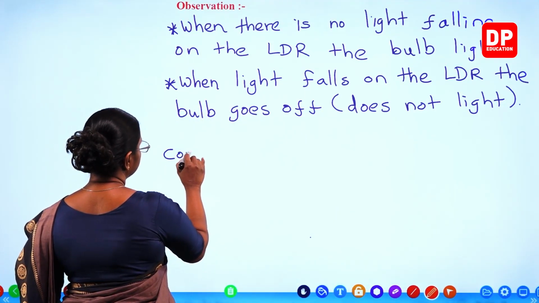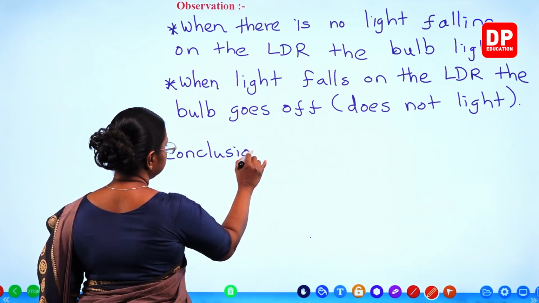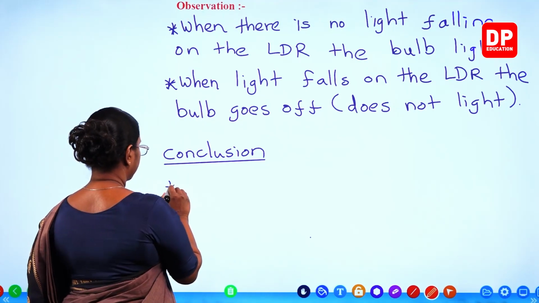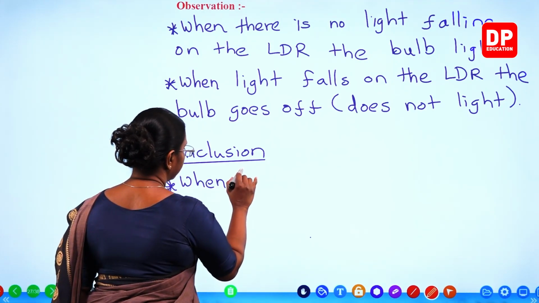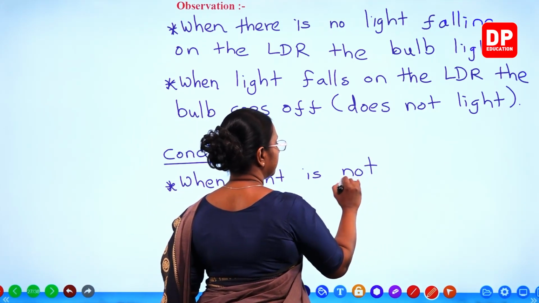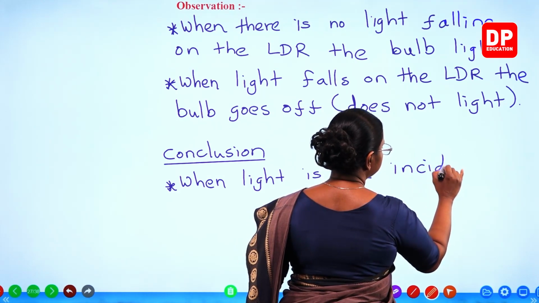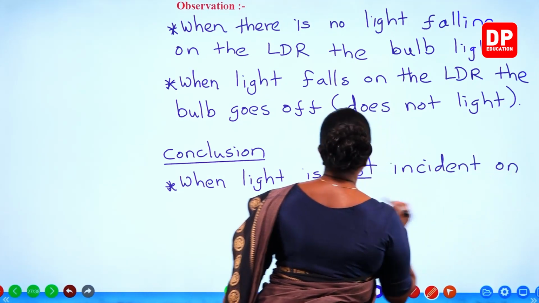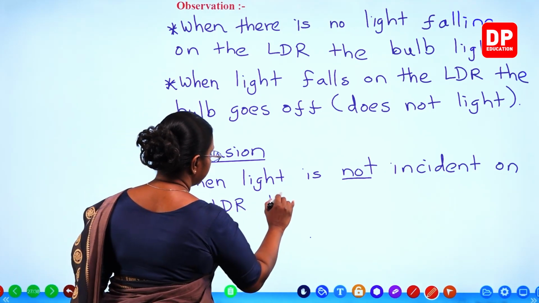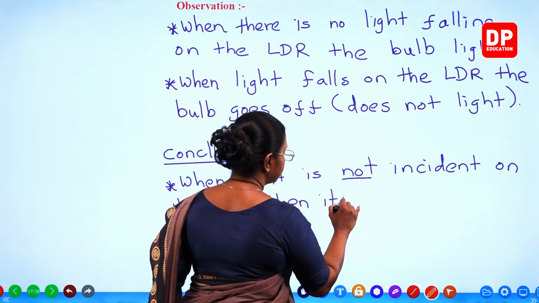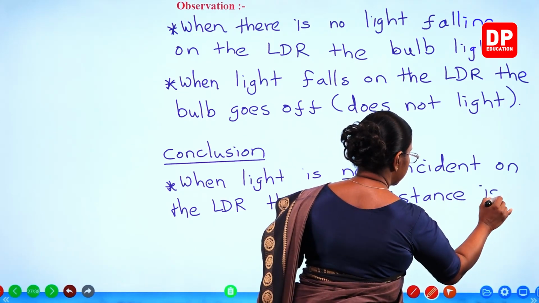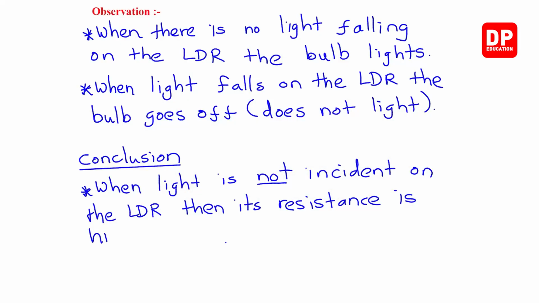Can say conclusion. When light is not incident on the LDR, then its resistance is high.